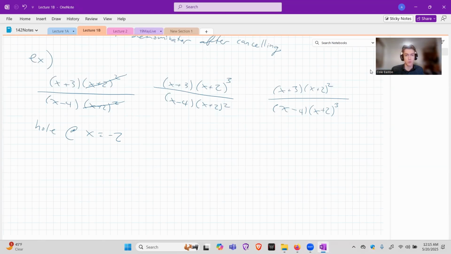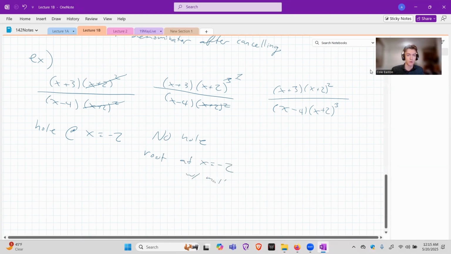Well, the second one, we have an (x plus 2) cubed in the numerator and an (x plus 2) squared in the denominator. So we're left still with 1 in the top. So there is no hole, but there is a root at x equals -2 with multiplicity 1. And then let's look at this one.